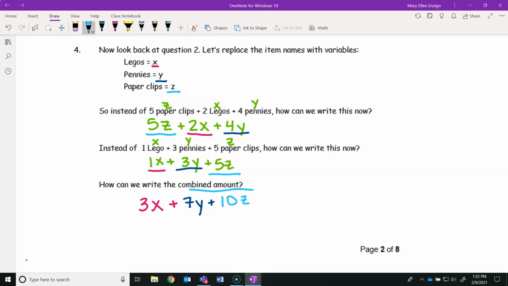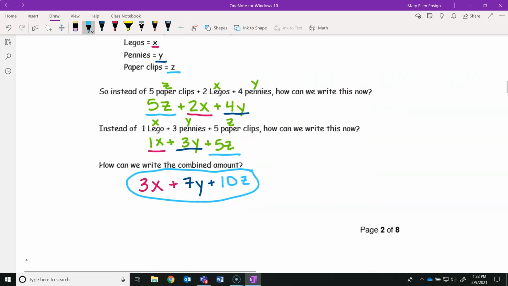Okay, this is how I have to write the combined amount. I cannot put it together because I can't combine X's, Y's, and Z's, just like I can't combine paper clips, Legos, pennies. I have to keep them separate. So if we just remember, from what we were seeing up above, X was Legos.